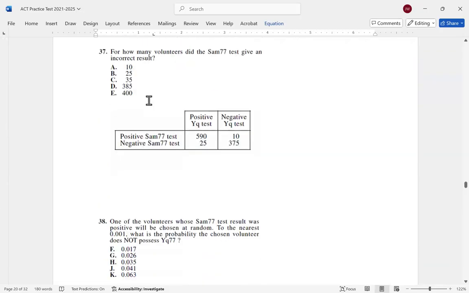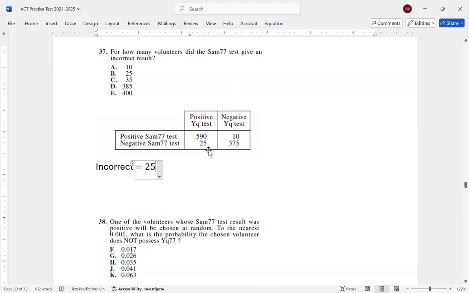Question 37. For how many volunteers did the SAM77 test give an incorrect result? There are two ways we could have gotten an incorrect result using the SAM77. If they actually had YQ77, but SAM77 said they did not, that's these 25 people here.